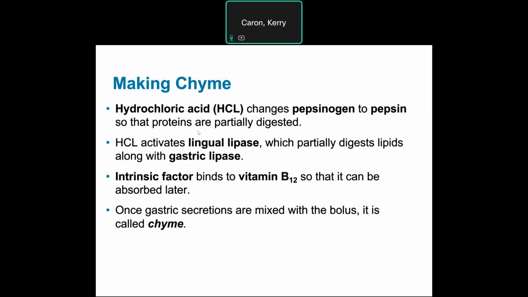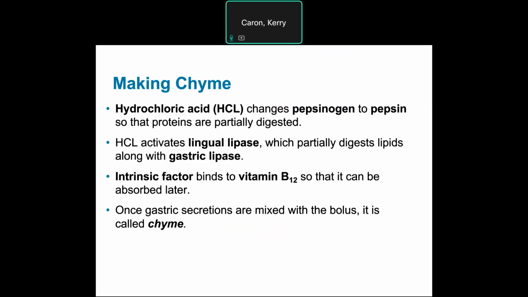Okay, so how do we go from food to bolus to chyme? Making the chyme, the hydrochloric acid changes that pepsinogen to pepsin, and that really starts the protein digestion process. Then it also activates lingual lipase, which partially digests it.